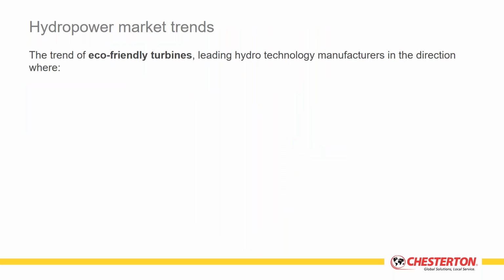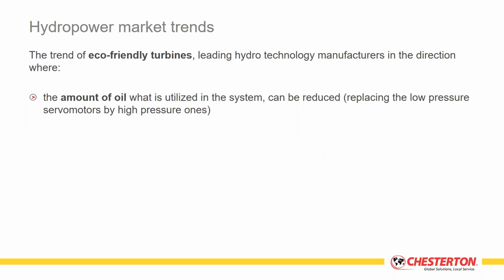What is the trend on the market today, taking into consideration that hydro plants must be more environmentally friendly? The first possibility to reduce the risk of downstream pollution is to reduce the amount of oil or lubricants utilized in the systems.